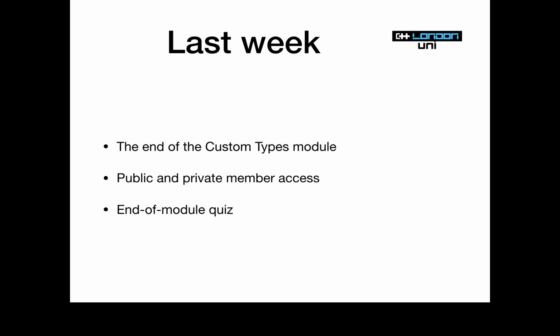So that's that. So last week was the end of the previous module. So last module was all about custom types, all about writing our own structures and classes and things like that. So we had a little brief bit finishing off about explicit constructors, talked about public and private member access, we talked about friends, and then we gave you this end of module quiz that people didn't like very much.